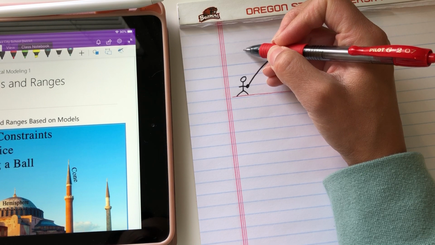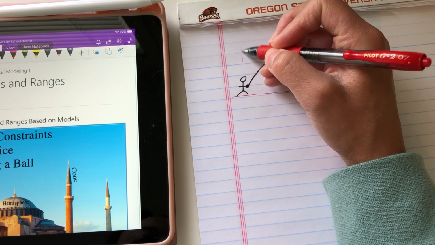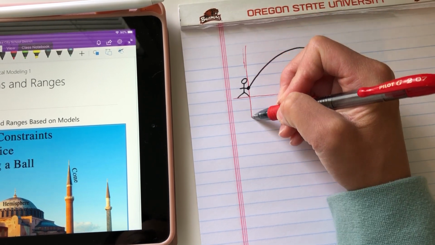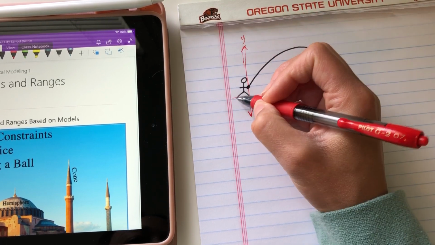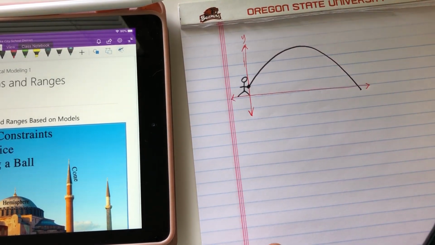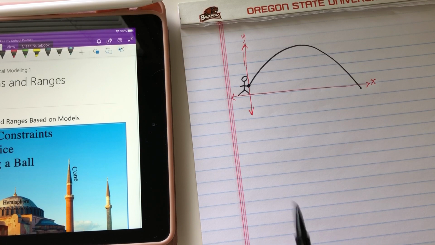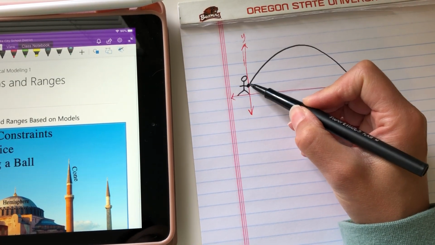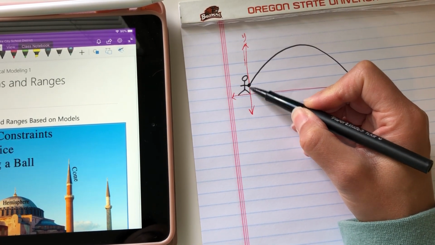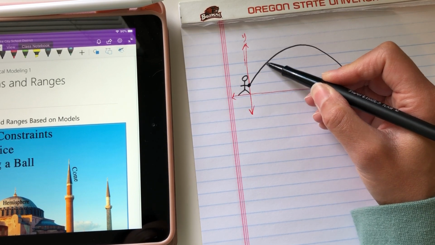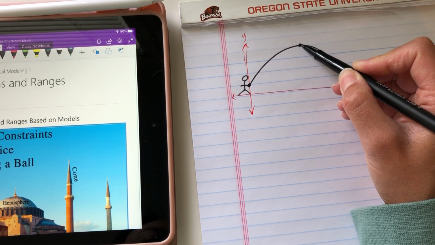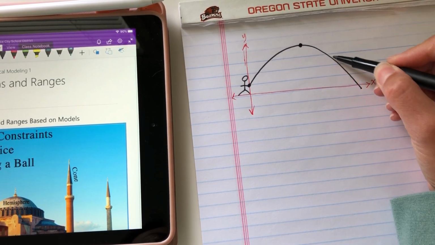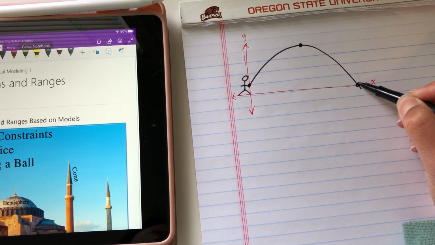So that would be considered like your y-axis. So let's call that y and let's call that x. Okay, so the ball starts here. Notice the ball isn't at 0 when it starts. It goes up, it hits a maximum, and then it comes back down, and then it hits the ground.